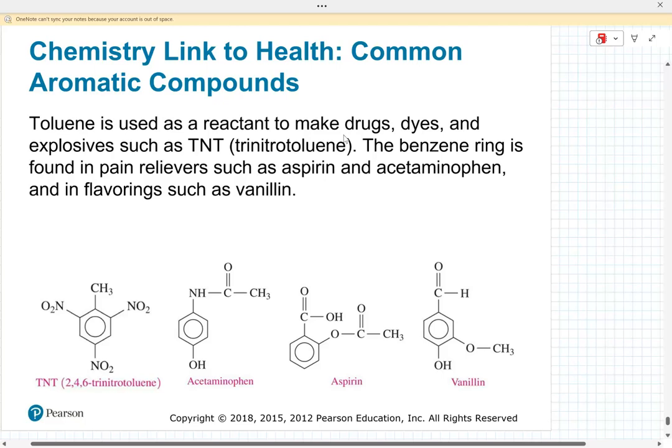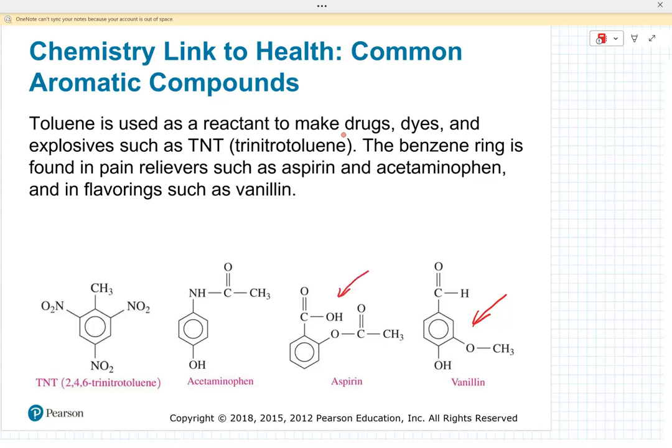Now, aromatic compounds actually provide a pretty rich selection for naturally occurring things. So this is the formula for vanillin. Aspirin, which was a modified version of a drug isolated from the bark of some tree, is an aromatic compound. Acetaminophen, you know it under the brand name Tylenol.